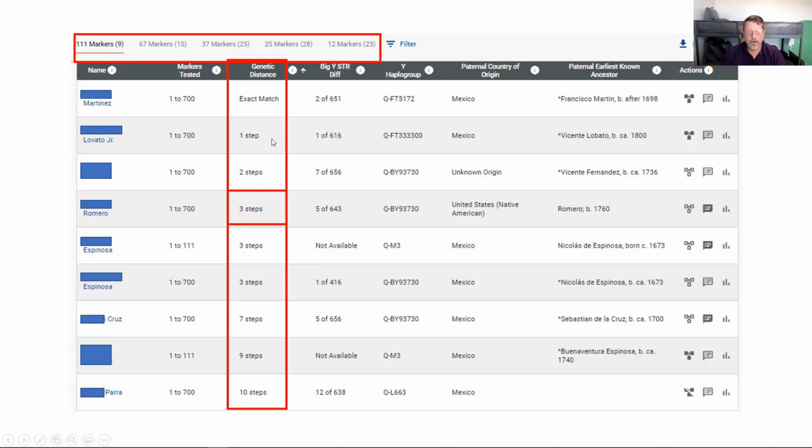So the big Y-700, the reason it's called 700 is that in addition to those 111 STR markers, you get up to 700 markers. Well, up to 700 markers are looked at. Now, this is a little complicated, so I'm not going to go too much into it, but I can tell you that at least 589 STRs will be looked at. So here's my genetic distance for someone who's taken that test where 700 markers are looked at.